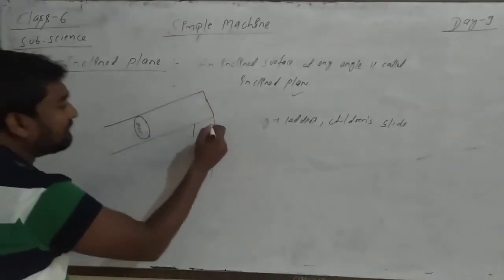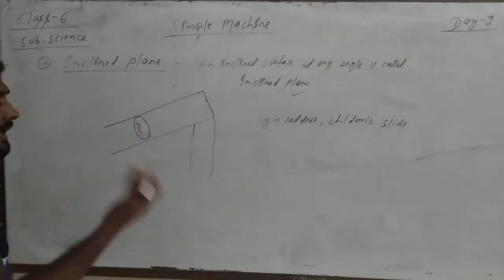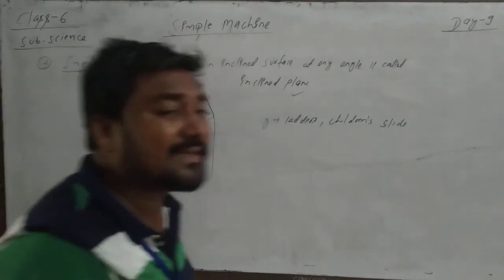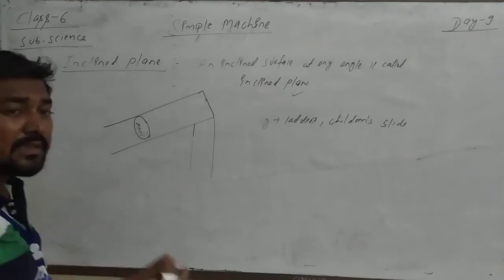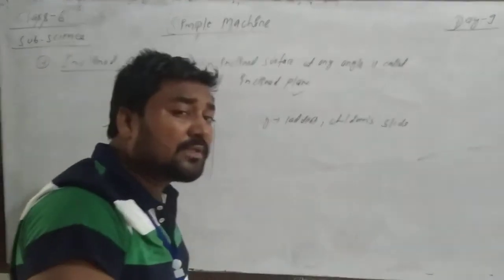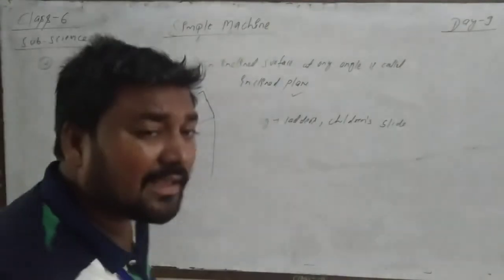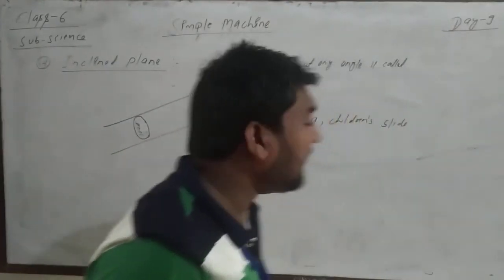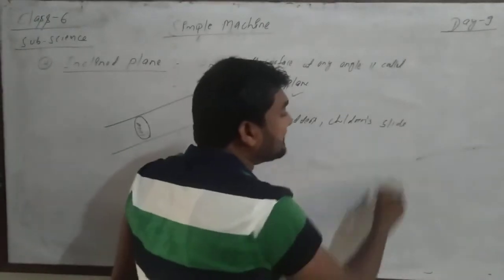So they use the inclined plane, the rods and the board. Means when they apply the force, it magnifies itself, and by using less force, the load can be lifted onto the truck. Same way we can say children's slides, in addition.